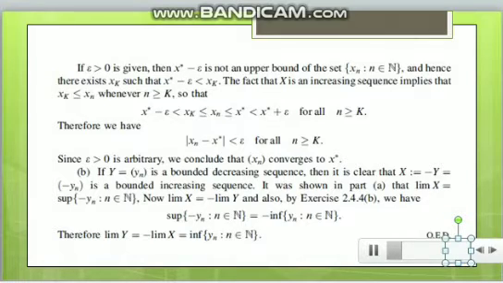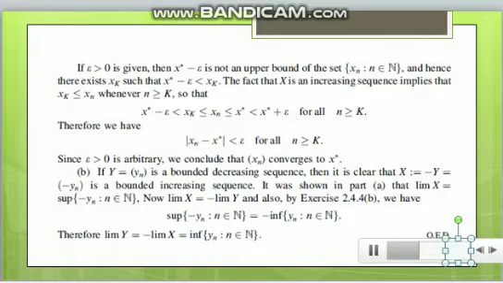The fact that X is an increasing sequence implies that xk is less than or equal to xn whenever n is greater than k, so that x* minus epsilon is less than xk, less than or equal to xn, less than or equal to x*, less than x* plus epsilon for all n greater than k.